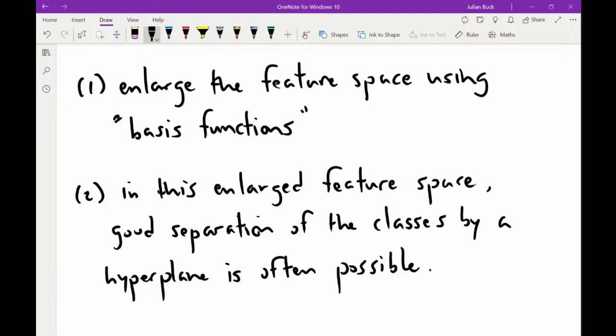It's not necessary, it's not always possible. Some data sets simply don't separate out well at all, regardless, so they're just not conducive to doing binary classification in this way. So we can't guarantee this method is going to work, but the basic idea is that it usually will.